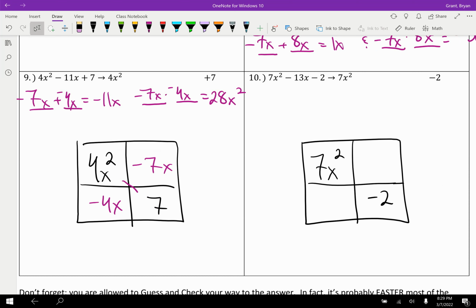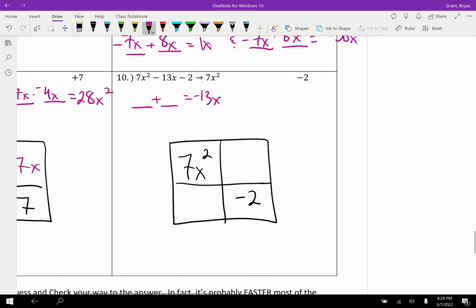Negative. A little bit trickier. So two numbers that add to make negative 13x, and they multiply to equal negative 14x squared. Well, if we're going to make 13, the numbers have to be 13 apart. 7 times 2 is 14, but 7 and 2 aren't 13 apart.